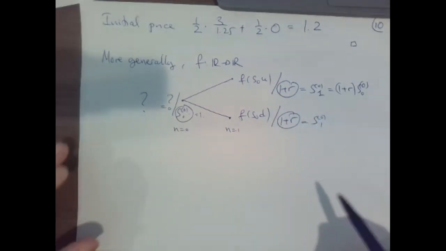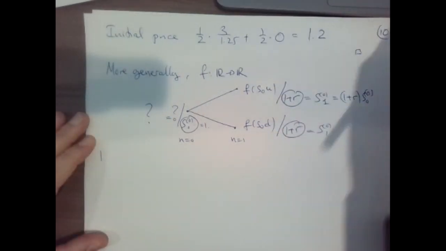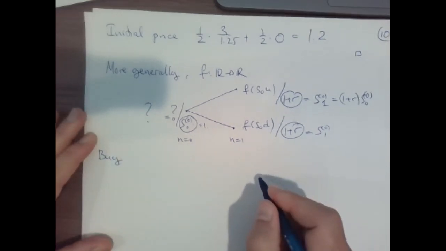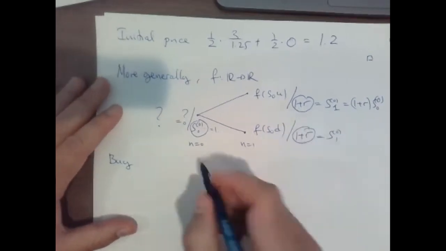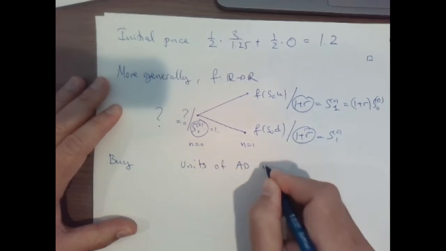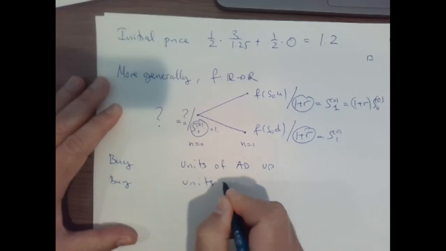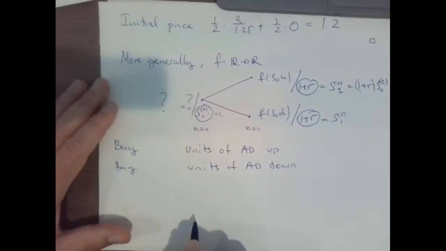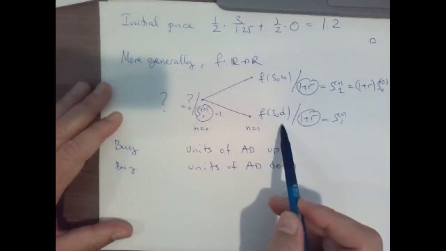And how do we do it? Well, the way to do it is to buy however many units of ADR up we want to do, and however many units of ADR down. When we want to go up, this is where we get a 1 and a 0.